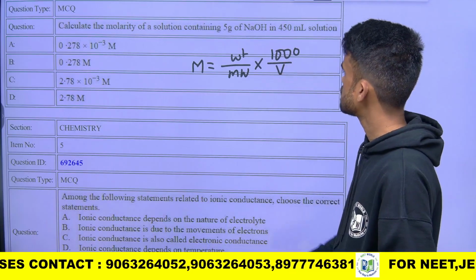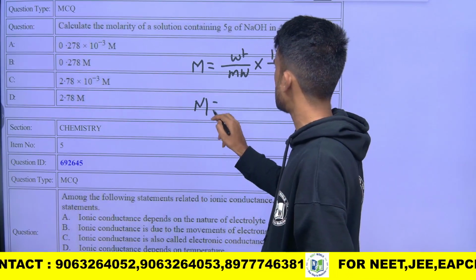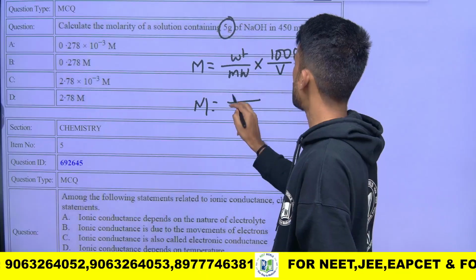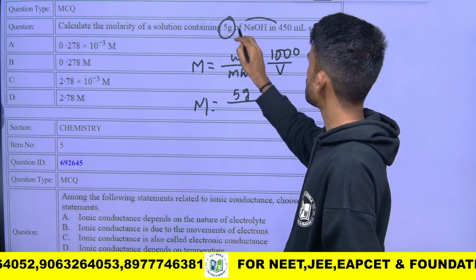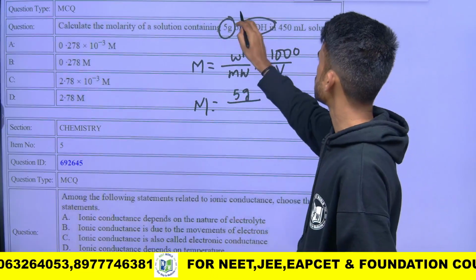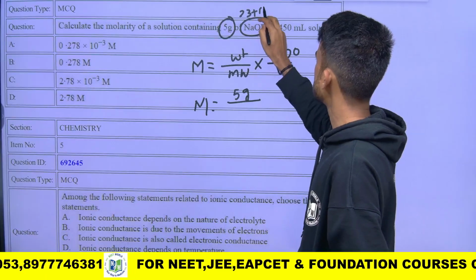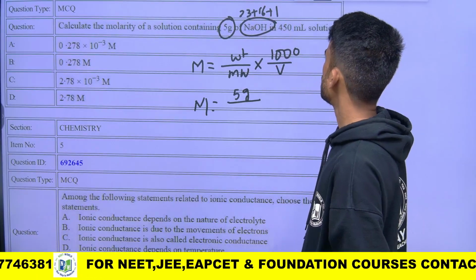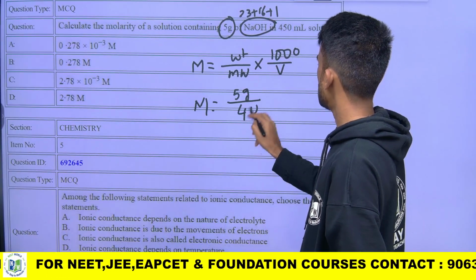Now place the given values. The weight given is 5 grams. What is the gram molecular weight of NaOH? For sodium it is 23, for oxygen 16, for hydrogen 1, so that becomes 40.